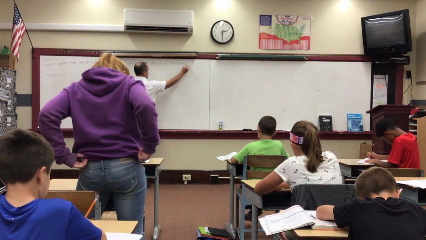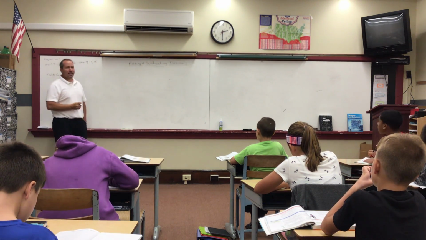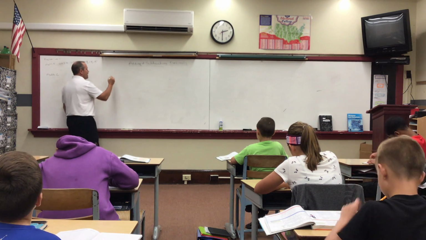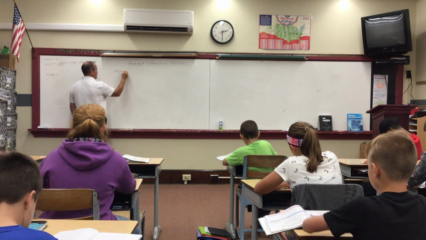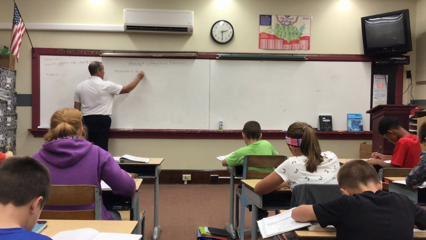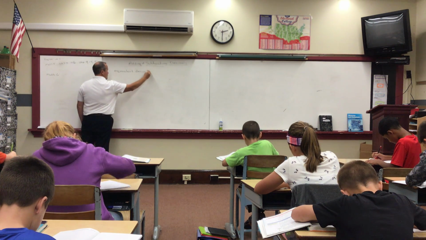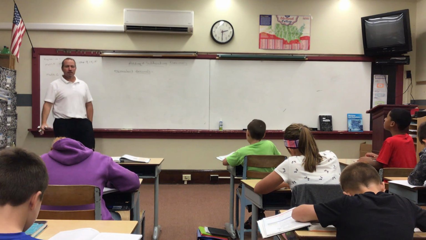Now, the first thing we need to talk about before we get into adding and subtracting decimals is equivalent decimals. Equivalent decimals are decimals that mean the exact same thing.